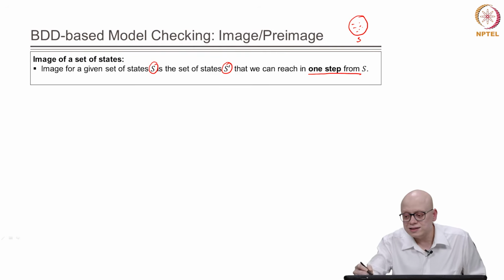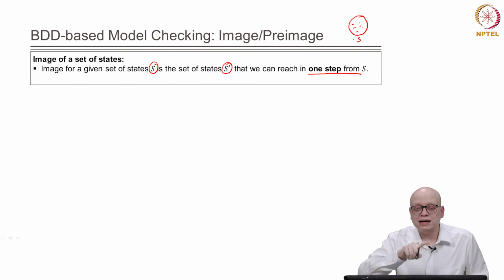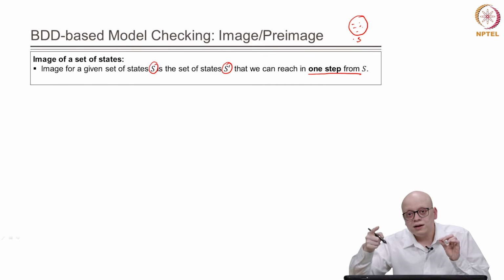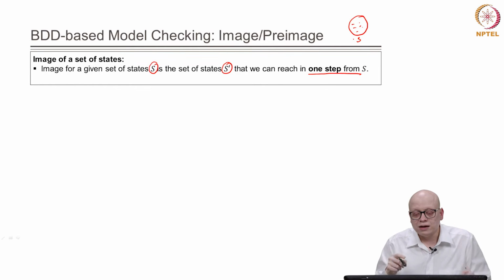Now, from these states, in one transition, meaning that we go from one node to the other node in the graph, in the FSM representation, there is only one edge from one node to the other. That is what we mean by one step from S.